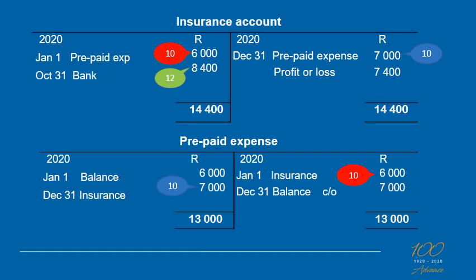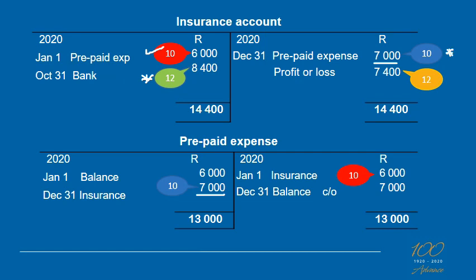So I need to take that 10 months out of the insurance expense account again and transfer it to the prepaid expense, so that I can again have my closing transfer of the correct 12 months, which will include 10 months at the 600 Rand per month, and only 2 months, which is the 12 over here, minus the 10 prepaid expense over here.